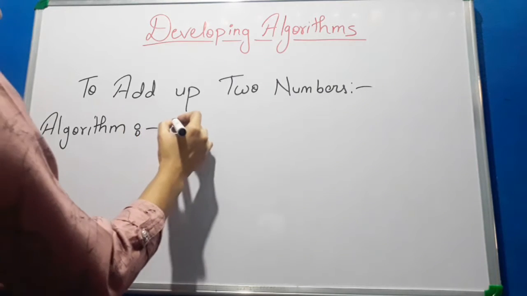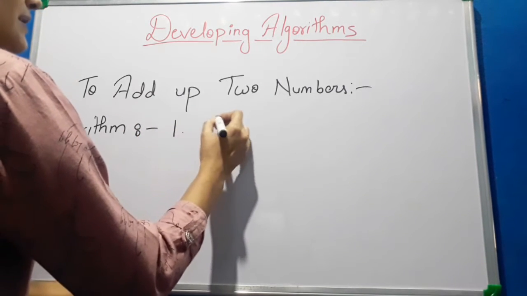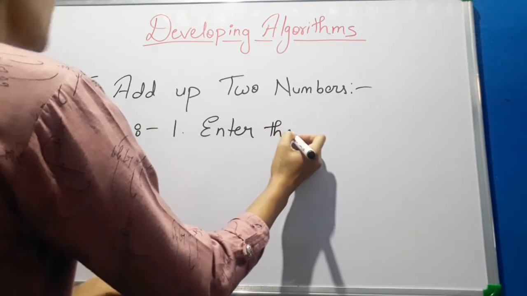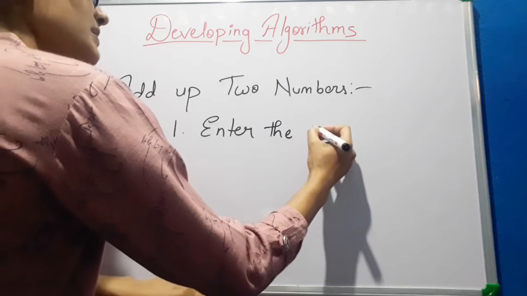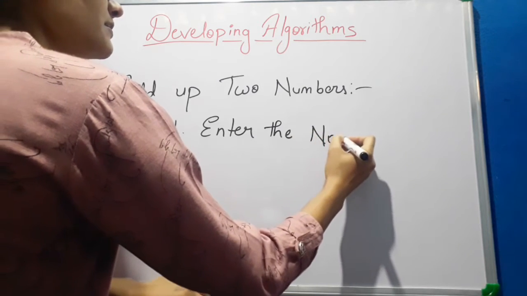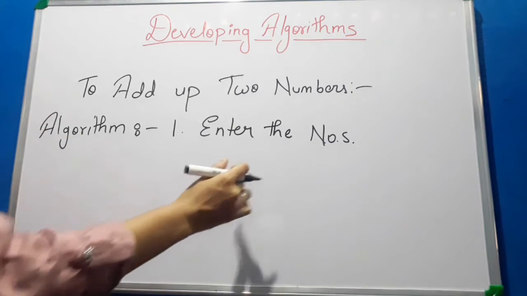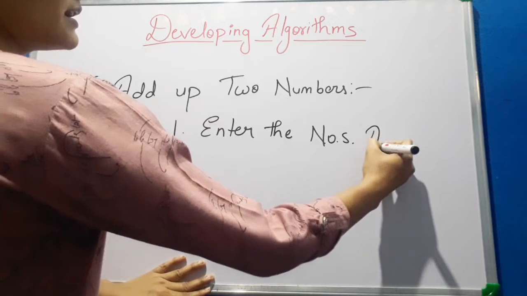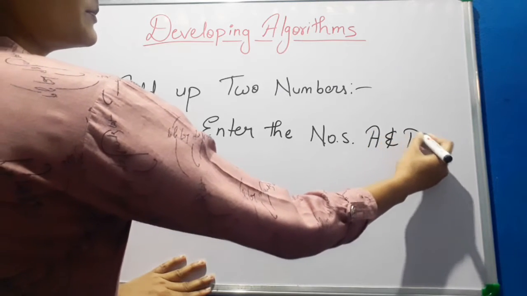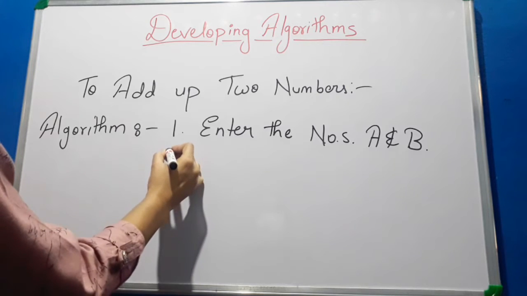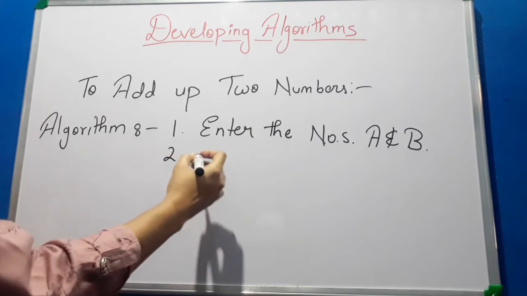So step 1 will be enter the numbers, or enter the two values, that is A and B. Now step 2 will be you have to add them.